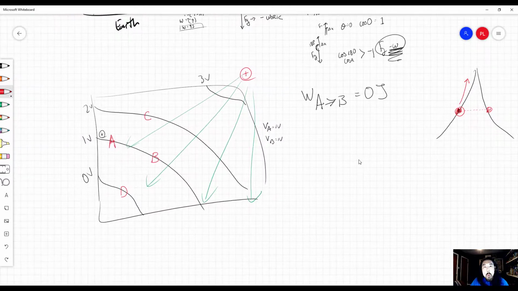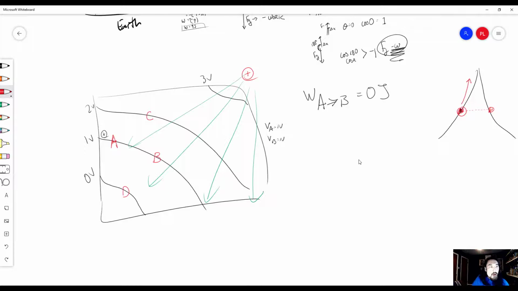All right, now what about from A to C? Let's think about what is natural. We have a positive charge, and we are making this positive charge go towards this positive charge here. We're going against the field lines. Like charges don't want to be near each other.